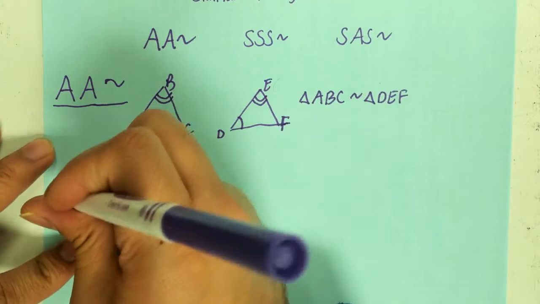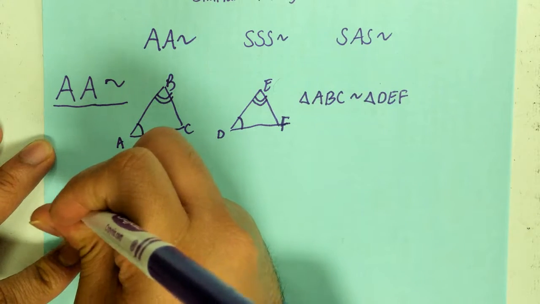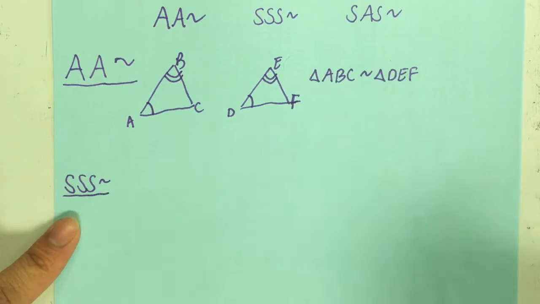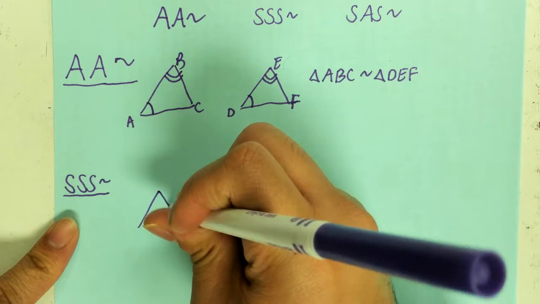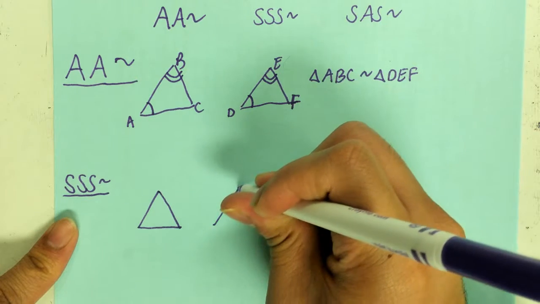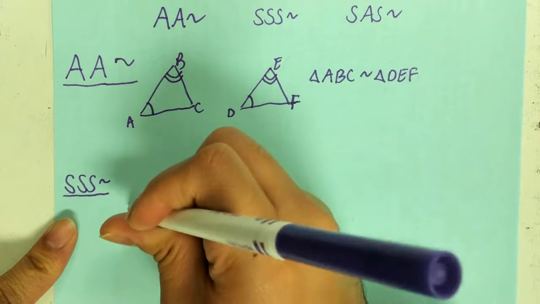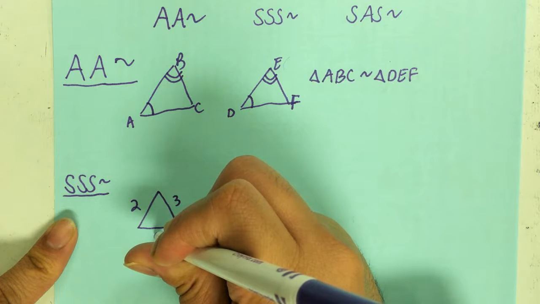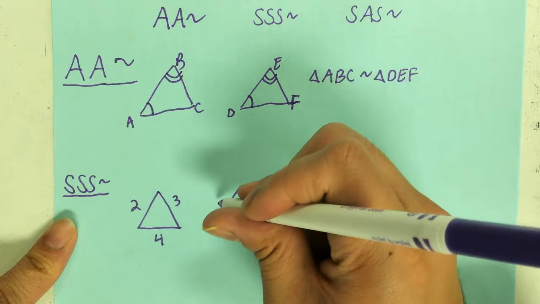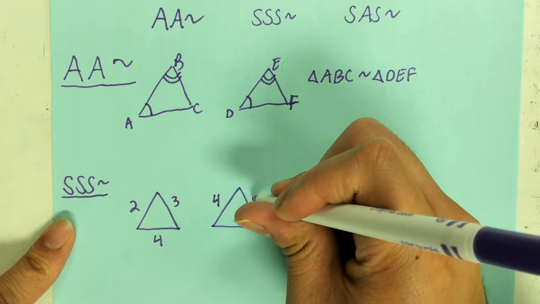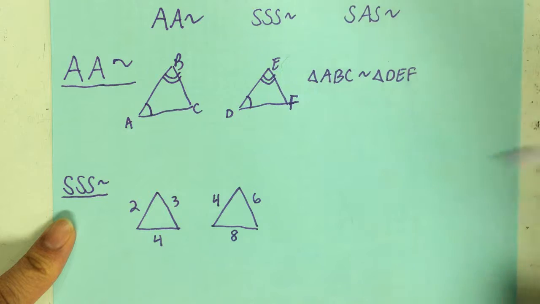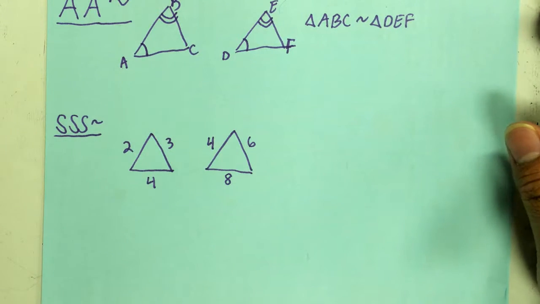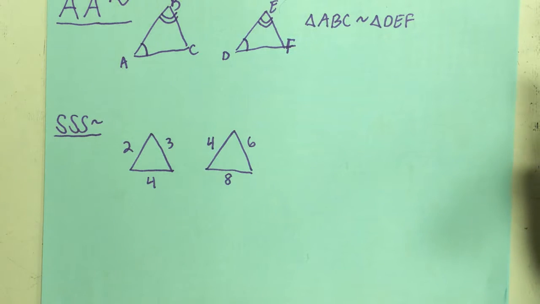Next we have side, side, side similarity. Side, side, side similarity tells us that if we have two triangles, in order for two triangles to be similar, their sides need to be proportional, meaning we have to set up a proportion.